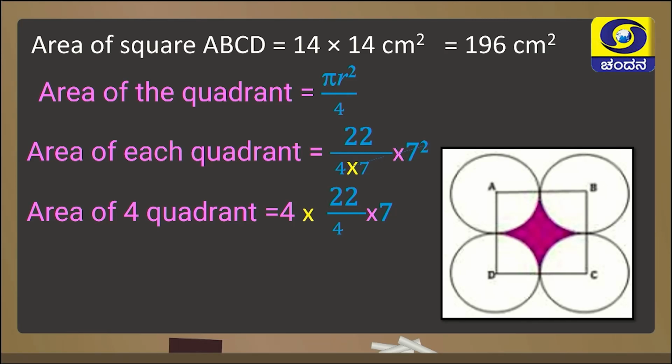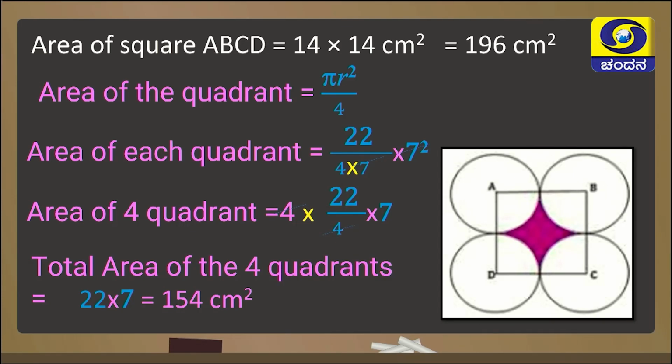We have to multiply this by 4 because we need the area of 4 quadrants. Here 4 cancels. We are left with 22 into 7. If we multiply 22 and 7, we are going to get 154 centimeter square. The total area of the 4 quadrants is 154 centimeter square, children.